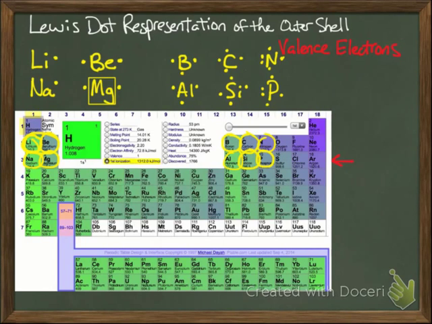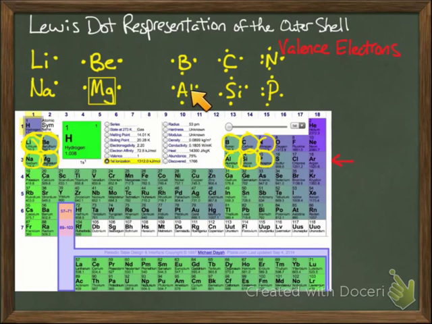If we took this out further, we would see that all atoms in the first column of the periodic table will all have 1 electron in their valence shell. And all atoms in the second column, beryllium through magnesium through calcium, will have 2 electrons in their valence shell, so 2 outermost electrons.